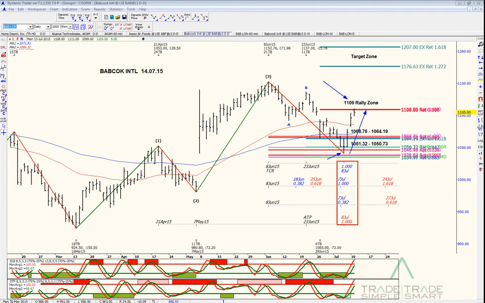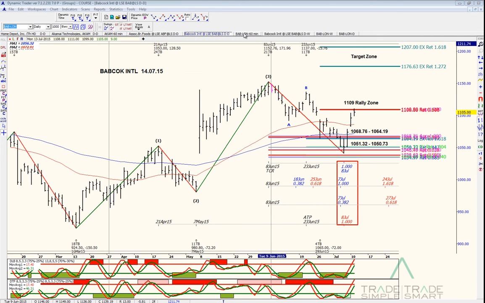So what we'll be looking for now is to tighten some stops, and if the market manages to break through the 1109 area, we'll be looking for a continuation up to 1176 and then on to 1207.